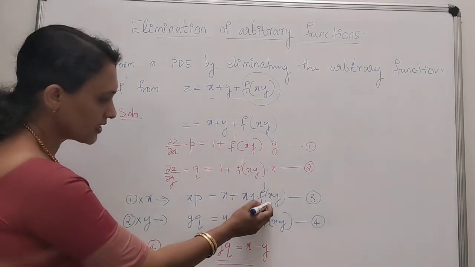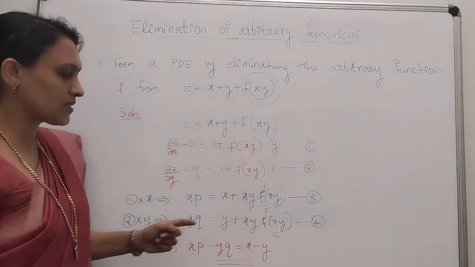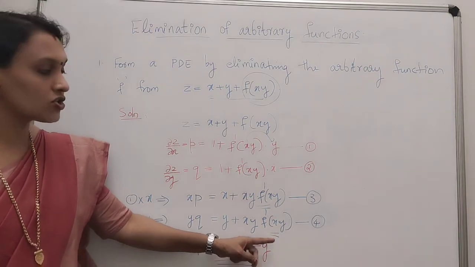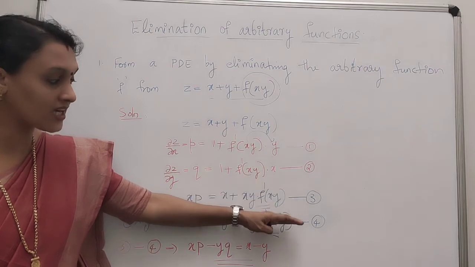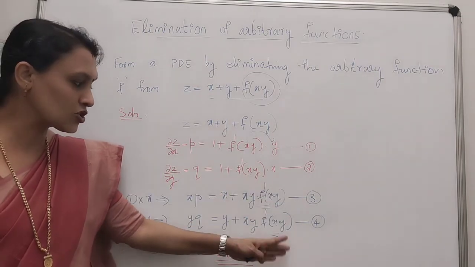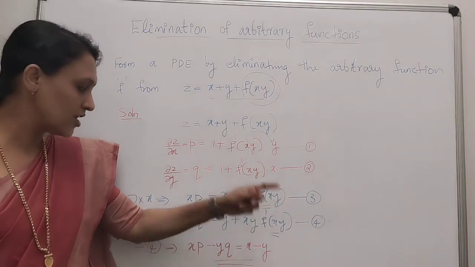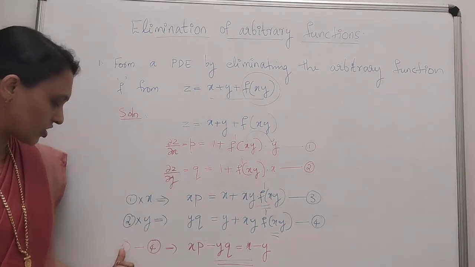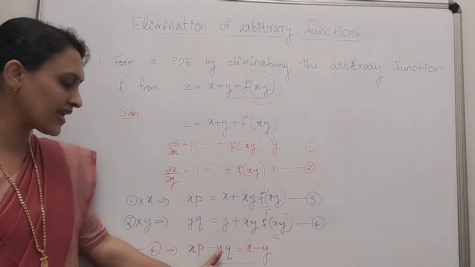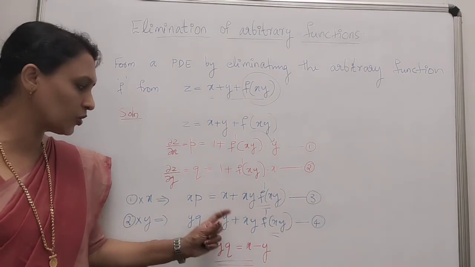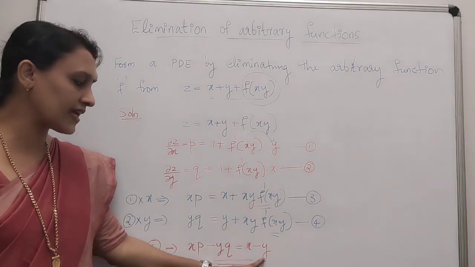Now you consider these two terms. These two terms are equal. So when you subtract equation 3 minus equation 4, these two terms get cancelled. So equation 3 minus equation 4 gives xp minus yq equal to x minus y.